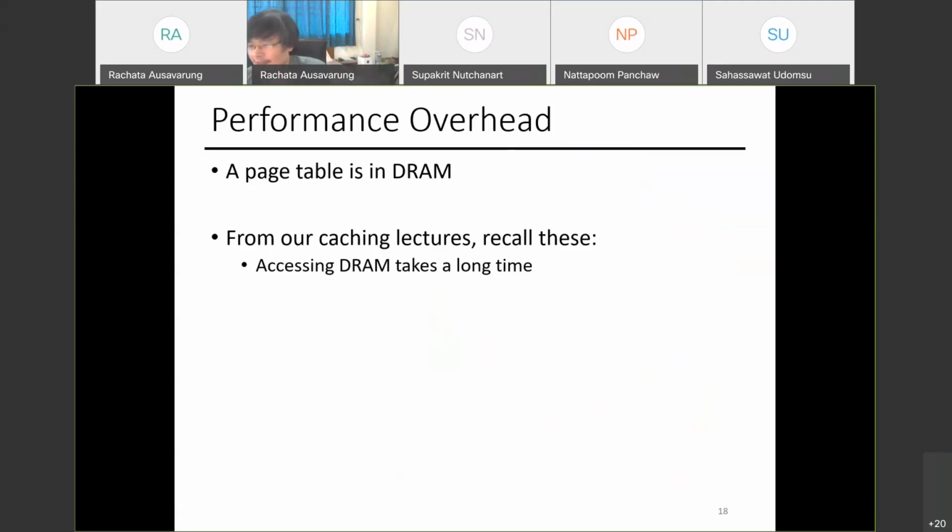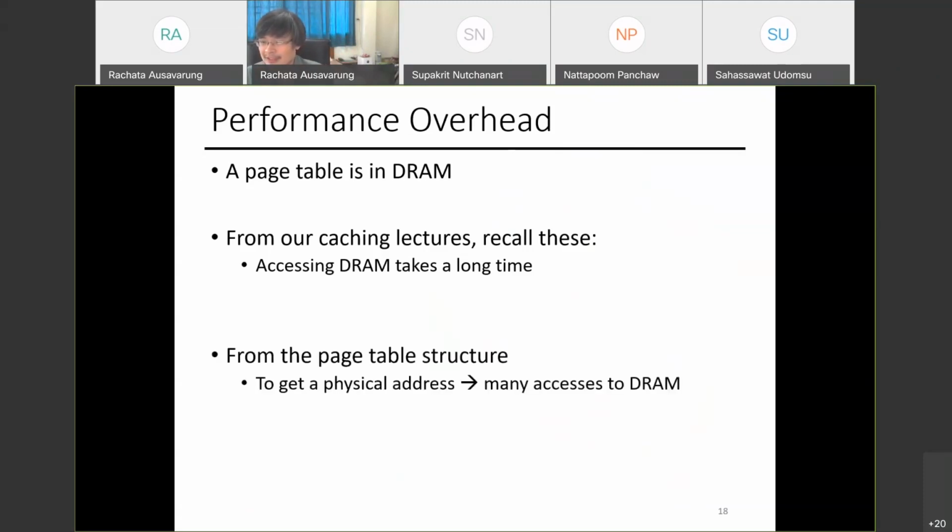But let's say you need to go through the page table structure and you are using a 64-bit machine. How many DRAM accesses do you need just to get your physical address? How many trips to DRAM do I need?